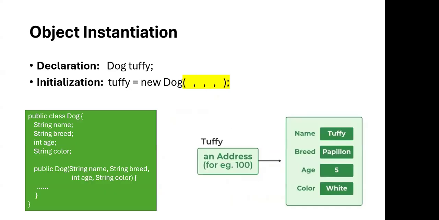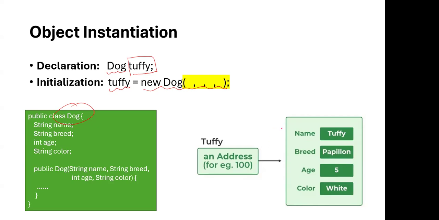Okay, for this example, we are going to instantiate a dog. Here we declare a dog, right? We have a class Dog, and for the dog object, we give the instance variable name Tuffy. And for Tuffy, we new a Dog object.